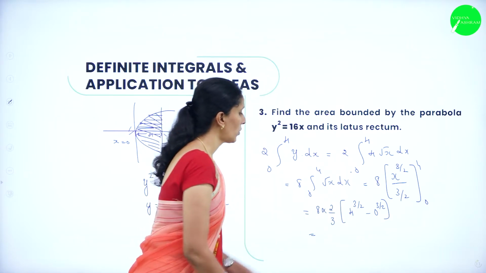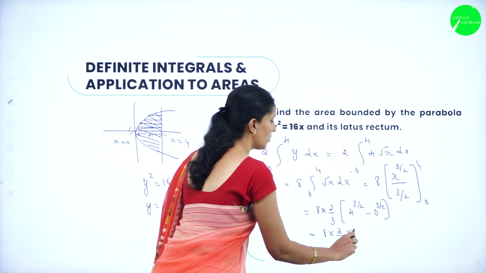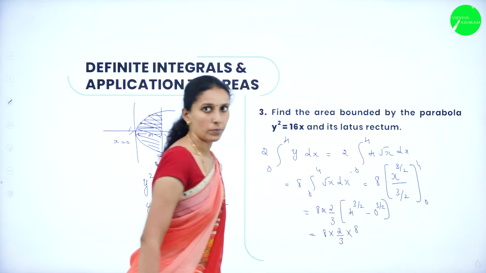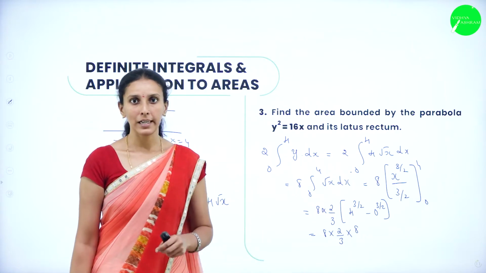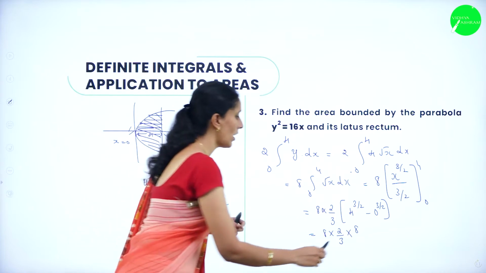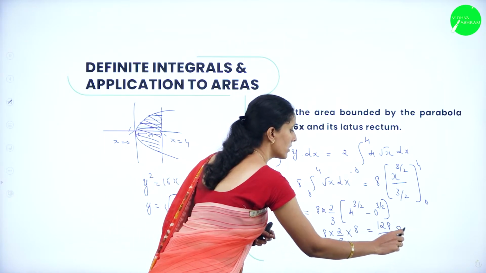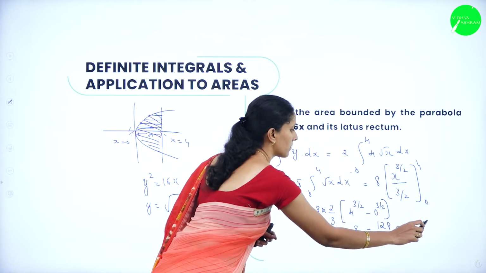So here it is 2 cube, 8 into 2 by 3 into 8 here. This is 0. So when you multiply this completely, you will get the answer as 128 divided by 3. So therefore the value becomes 128 divided by 3 square units.